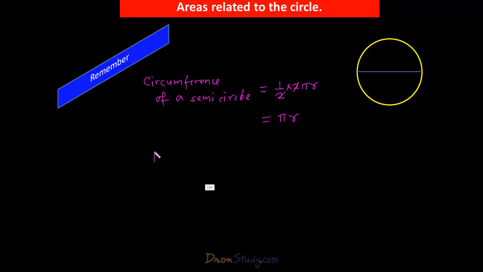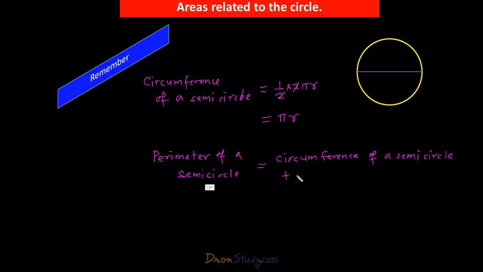But if you have to find the perimeter of a semicircle, then it will be equal to circumference of a semicircle plus diameter.